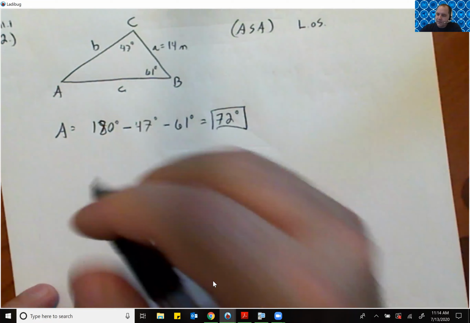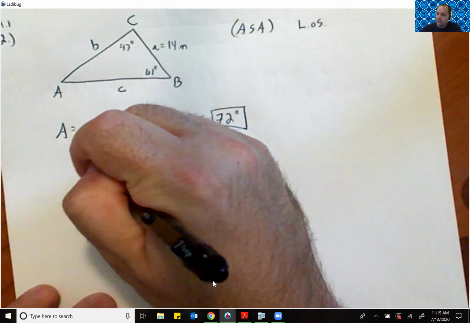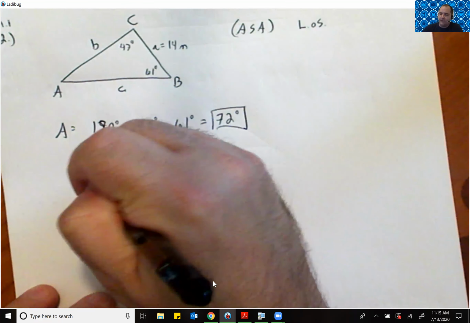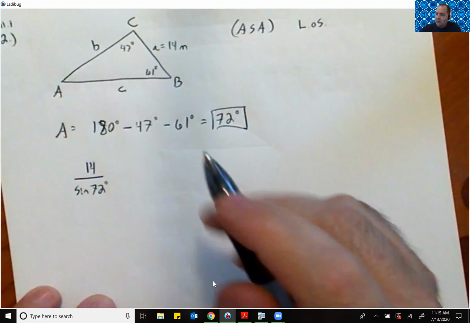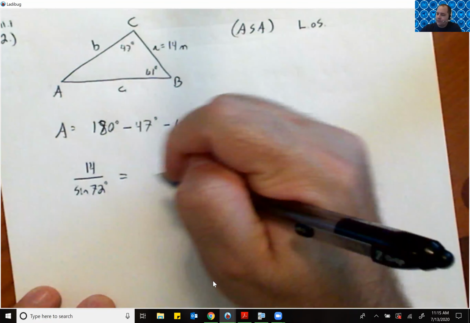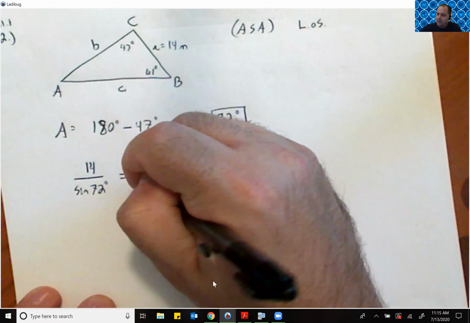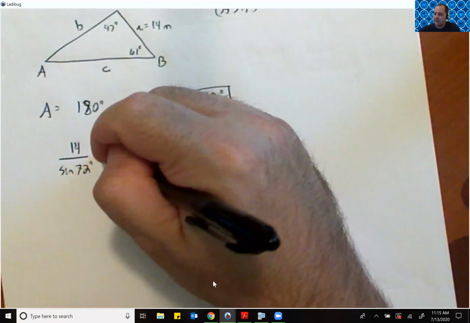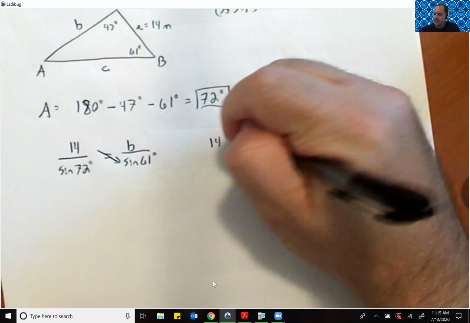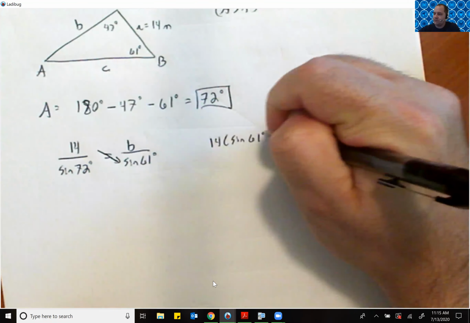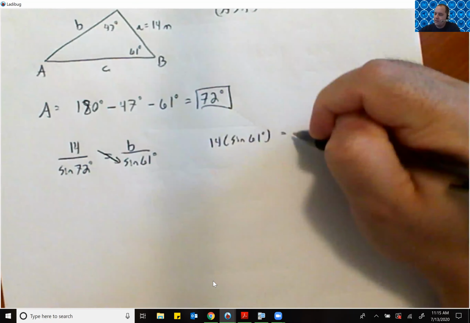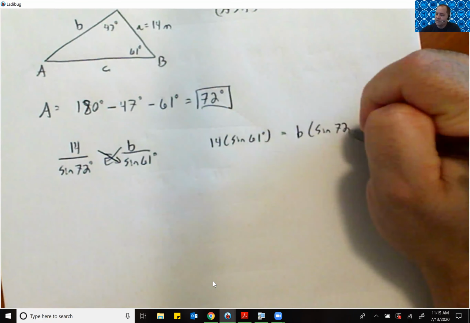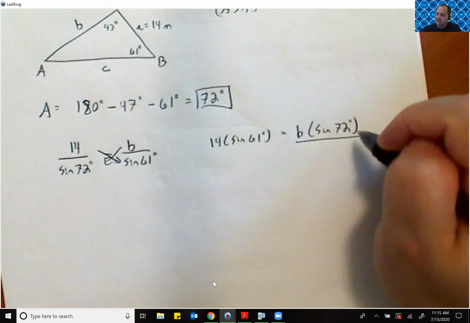So 14 over sine 72 degrees, because we just found that for angle A, equals b over sine 61 degrees. So all we're going to do, just like before, is cross multiply. That's going to give us 14 sine 61 degrees equal to b sine 72 degrees. Divide by sine 72.